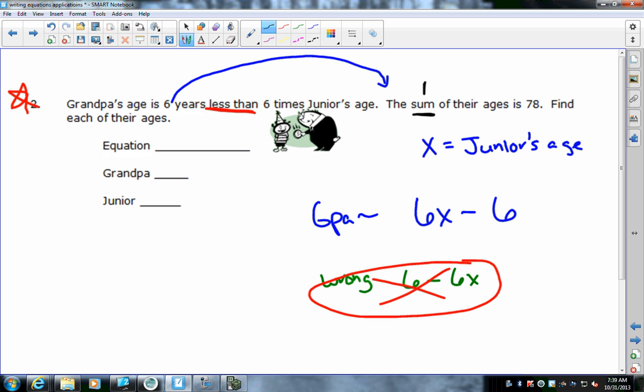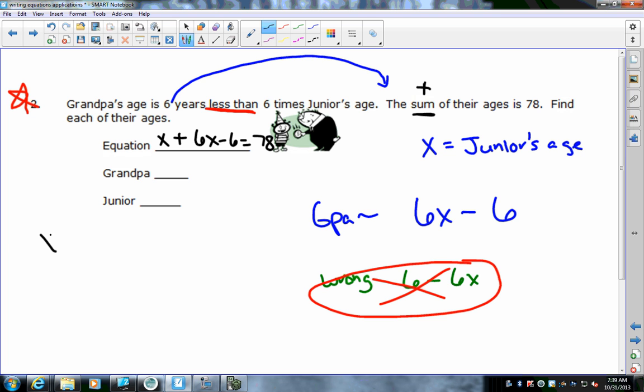Remember, underline sum and put a plus. Sum means to add them together. So I have Junior's age plus Grandpa's age, which is 6x minus 6, equals 78. That's my equation.